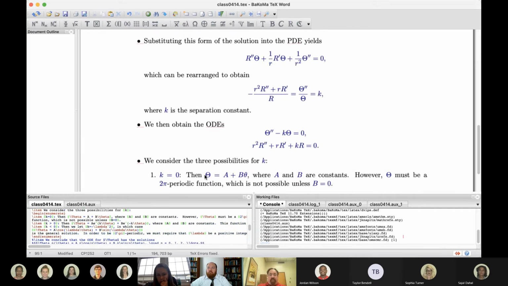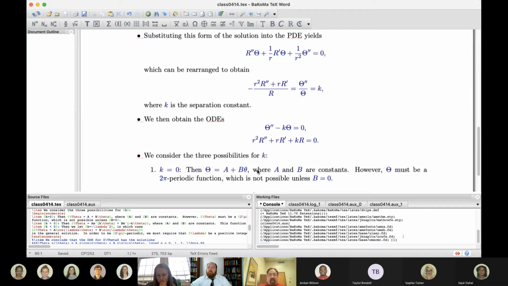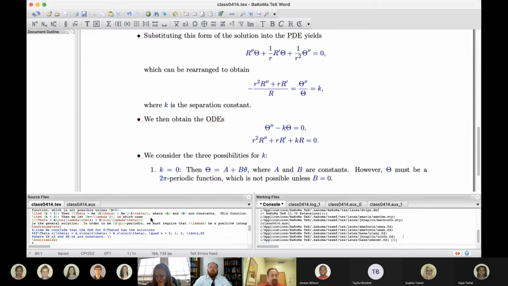Okay. If k equals 0, then capital Theta is a linear function of little theta, but it has to be 2 pi periodic. The only way that can happen is if b is 0, so then Theta has to be a constant.